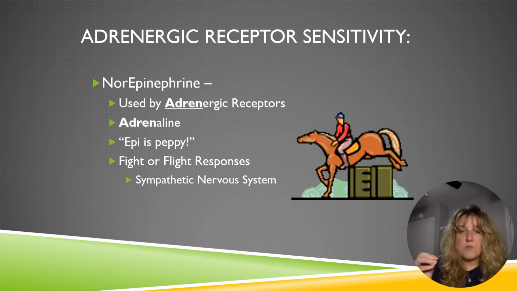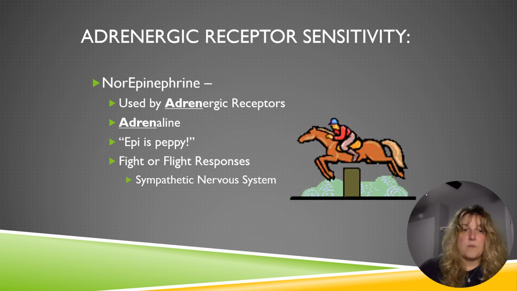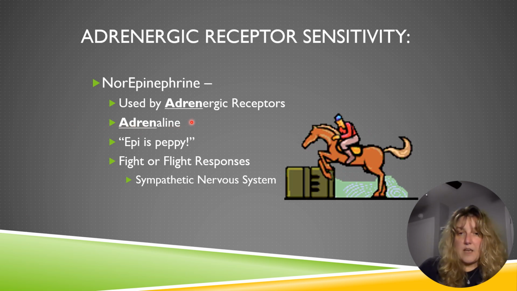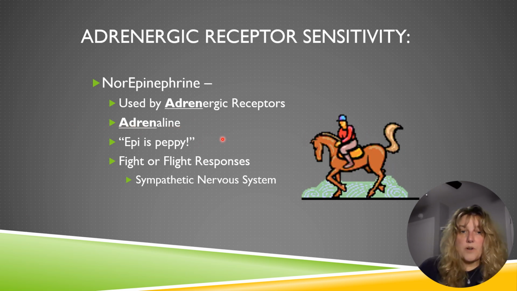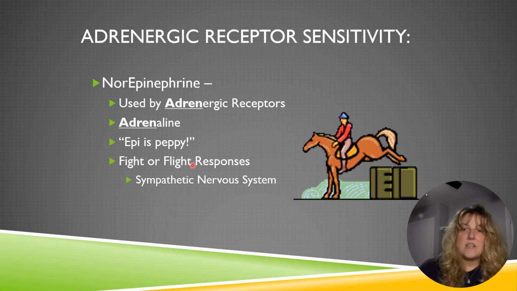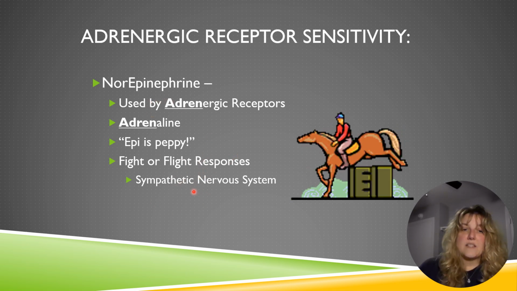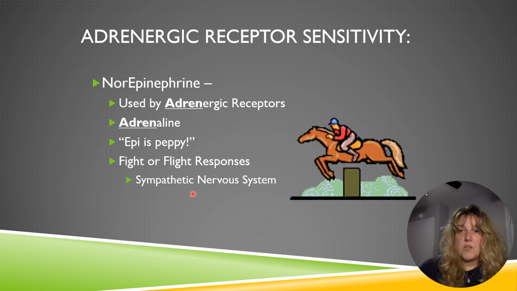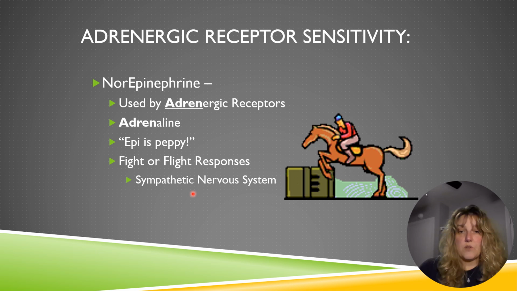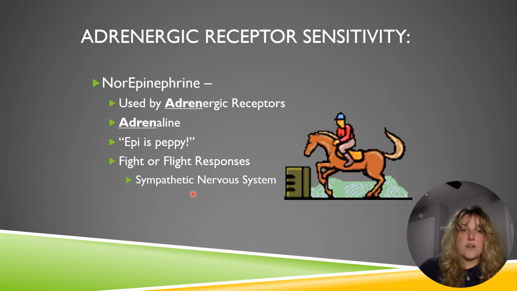I'm trying to emphasize the adren because we think about adrenaline. Adrenaline is about making you fast. Epi is peppy. It's part of your fight or flight response. So we are intentionally impacting the sympathetic nervous system, so all the things that you would expect to see when you have a fight or flight response. That's what's going to happen here.